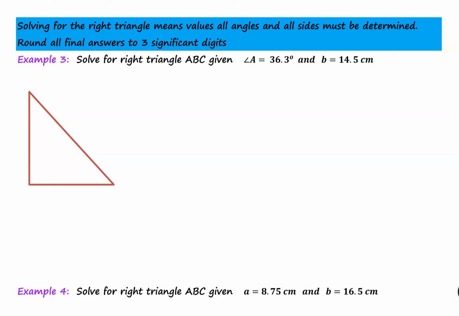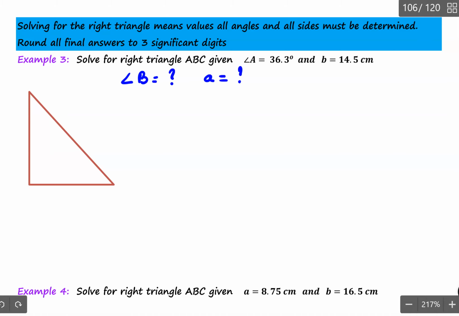In this case, I'm given A as 36.3 and B as 14.5. So I should solve for angle B, I also have to solve for side A, and I also have to solve for side C. Note that you don't have to solve for the C angle, which is the 90 degrees.